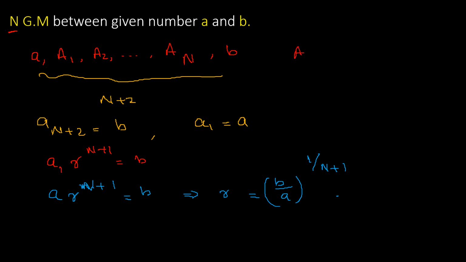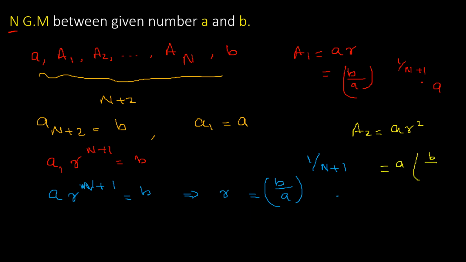So for a1, that will be equal to ar, because this is the second term actually, so that will be equal to b over a, whole raised to power 1 over n plus 1, times a. So similarly, you can find the other ai's. So a2 will be equal to a r square, which makes it a into b over a, whole raised to power 2 over n plus 1.